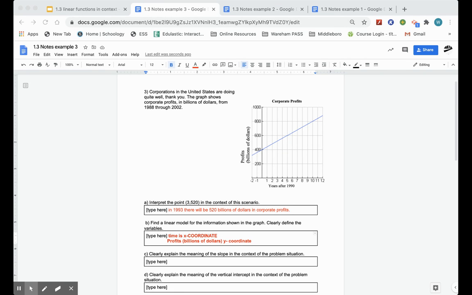To get our slope, we can just pick 2 points, and I'm going to pick 2 points that are really easy to read, here and here. We're going up 200, from 400 to 600, and remember, that's in billions of dollars. Over time, we went from 0 to 4. So that is 50 billion per year.